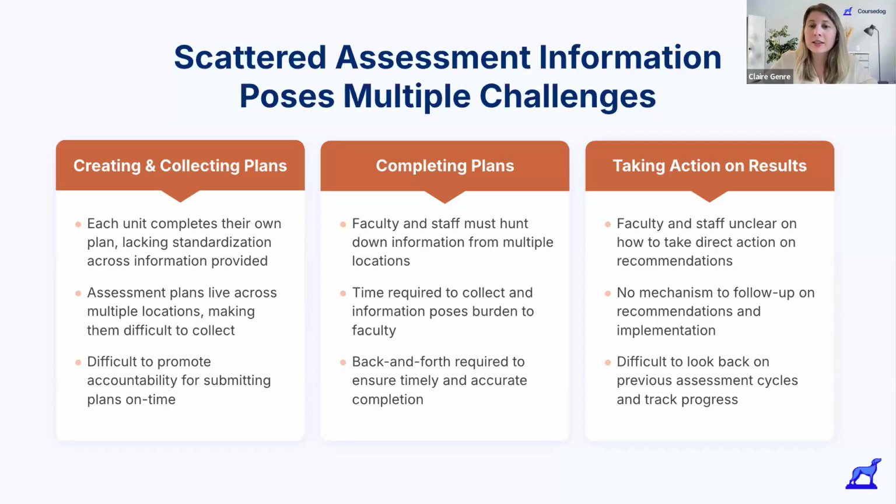What we typically see is that each unit, whether that's a student office, a specific department, even within a specific program, creates their own form of their assessment plan with different types of information, potentially different timelines, and different ways of reporting out on the results. And this can really lead to missing information and lots of back and forth and misalignment across units and assessment administrators.